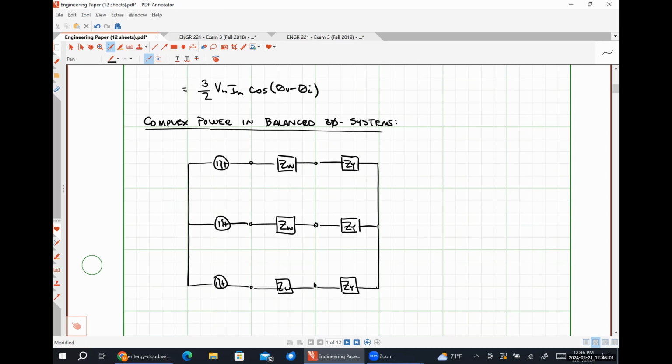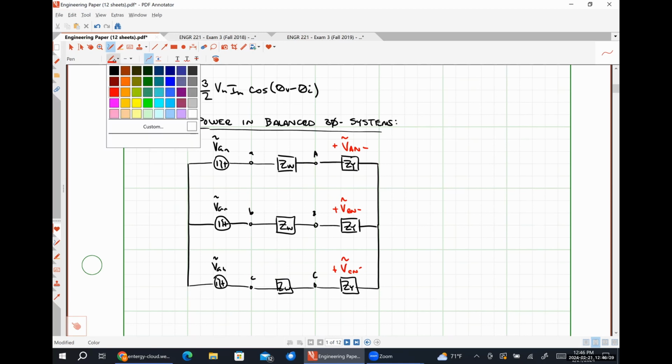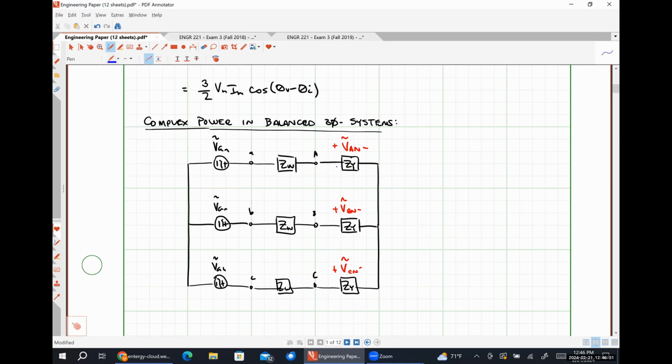Let me label my terminals. So A, capital A, B, capital B, C, capital C. Label my voltages where appropriate. And now label my currents.